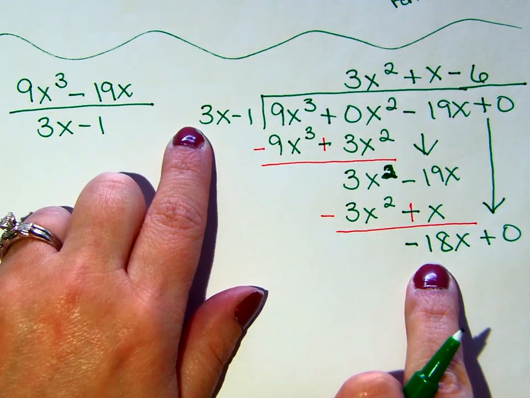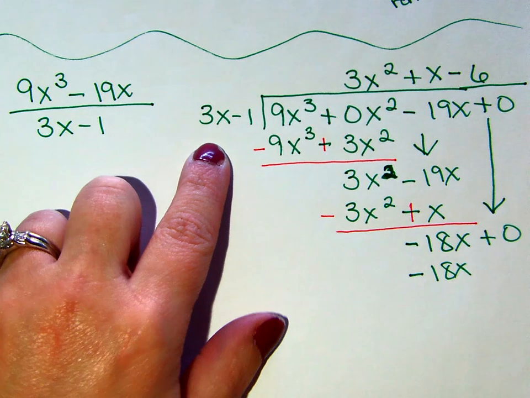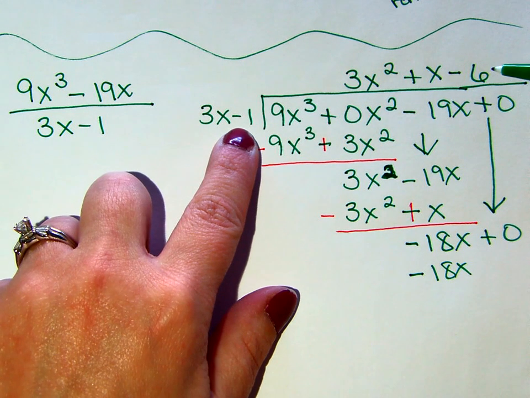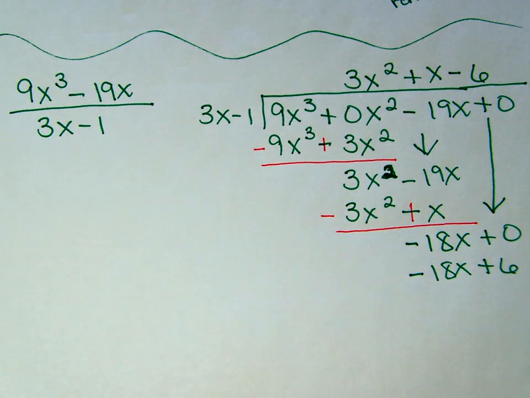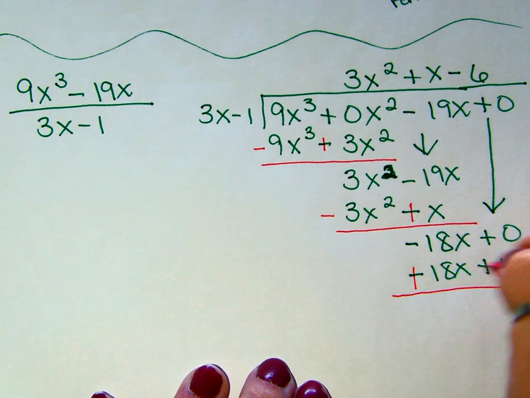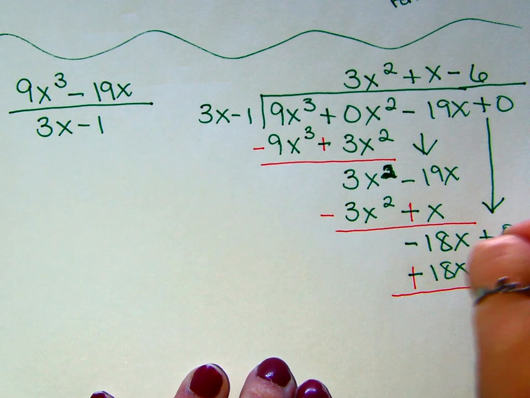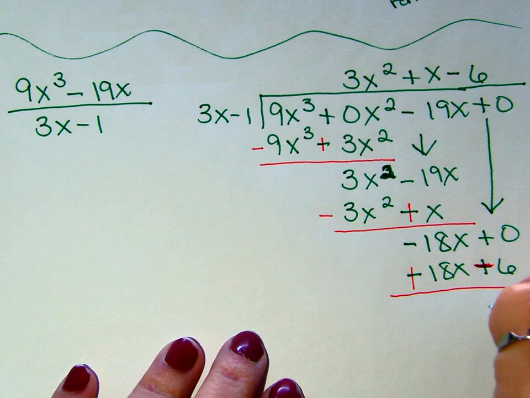So that'll give me a negative 18x. And negative 6 times negative 1 over here will give me a positive 6. We're going to draw our line, change our signs. Zero take away 6 will give me a negative 6.